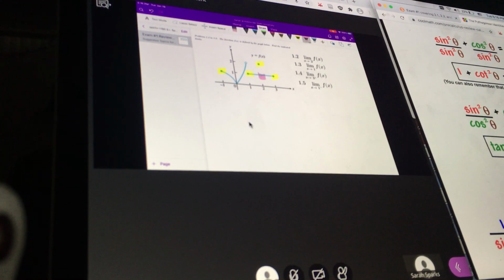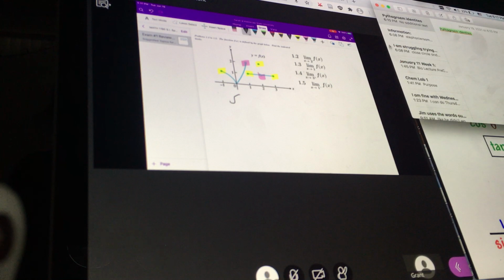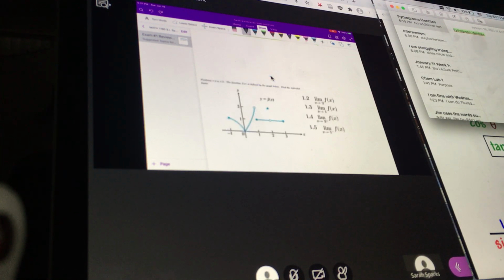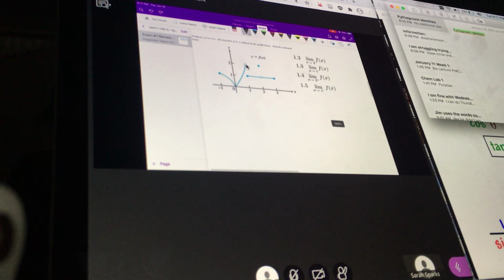Where these open dots are, that means there's a hole in the graph. Did you say included or excluded? The dark circles, the filled in circles, are included. Included, okay. The open circles are excluded. Okay.